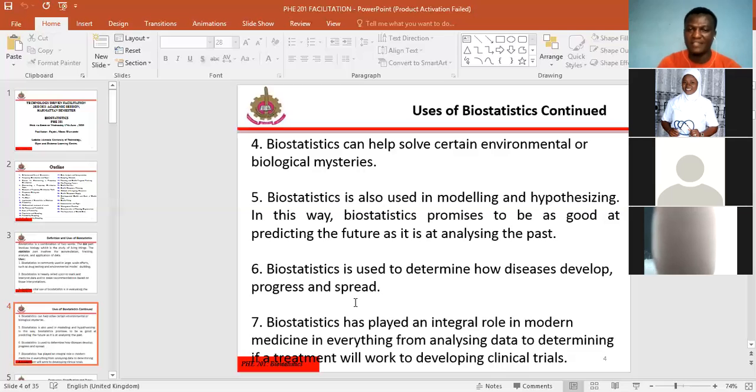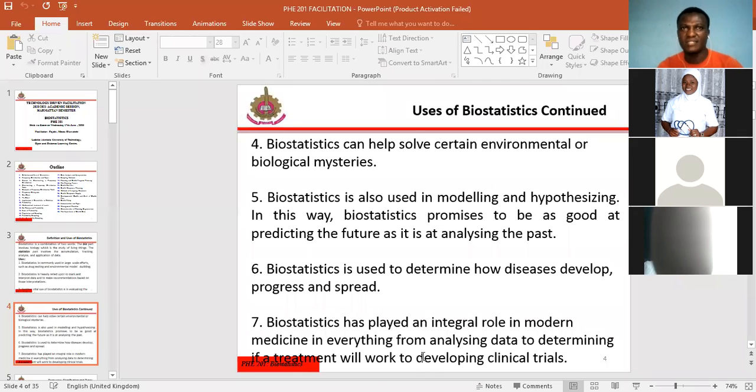Another one is that biostatistics has itself played an integral role in modern medicine, in everything from analyzing the data to determining if a treatment will work. We work depending on the clinical trials.